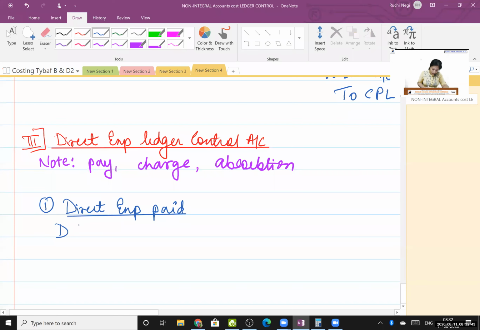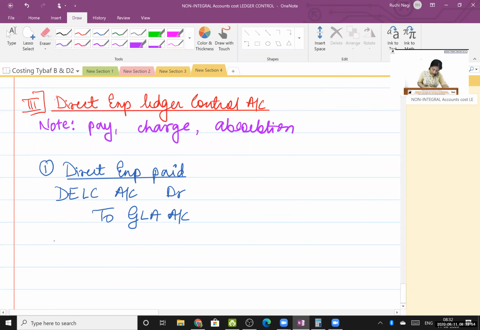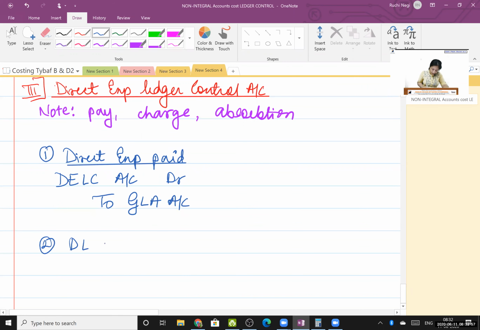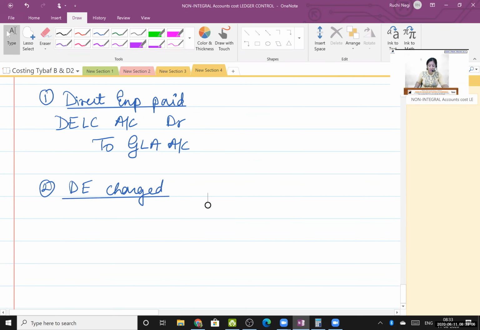Journal entry, direct expense ledger control account debit to GLA. Then charge it, direct expense charged. Again, this also comes in prime cost under direct cost, so its charging will also go to WIP. Until the goods are fully made, the charges always go to WIP.